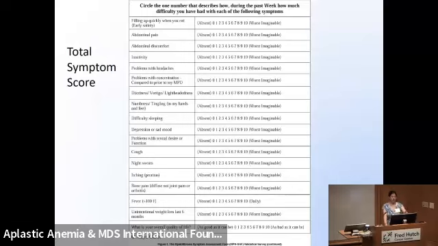So this is the total symptom score. I don't know if this is that relevant, but the JAK inhibitors, Anna talked about, decrease the total symptom score. So when we say that the symptoms improve, it can be anything from abdominal pain, inactivity, sleeping, night sweats, itching, bone pain. So all of those things make people better transplant candidates.